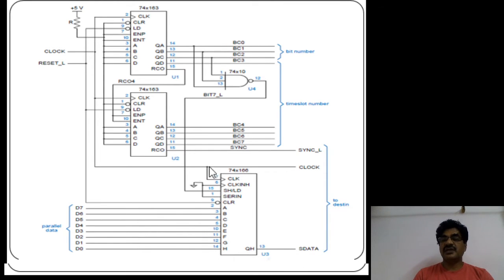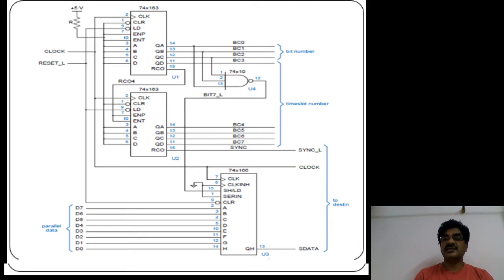In addition to this converter there is another circuitry. Its purpose is to represent which time slot is transmitting, and in each time slot which bit is transmitting. For that purpose we are using here an 8-bit binary counter, which is designed using 74163 ICs. You know, the 74163 IC acts as a 4-bit counter.